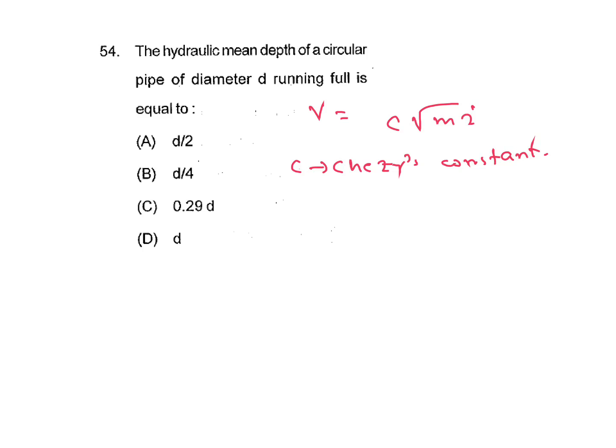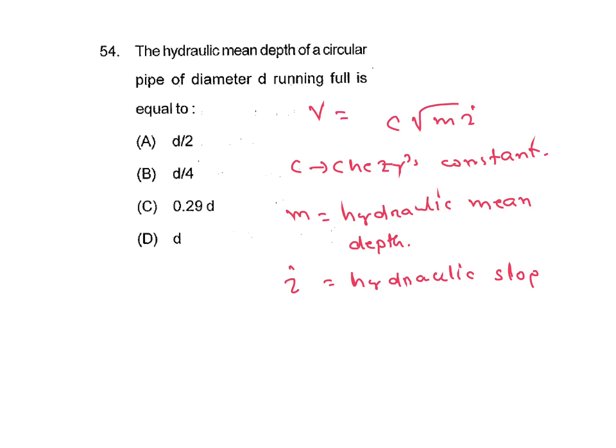M is hydraulic mean depth. i is the slope or hydraulic slope, loss of head per unit length.